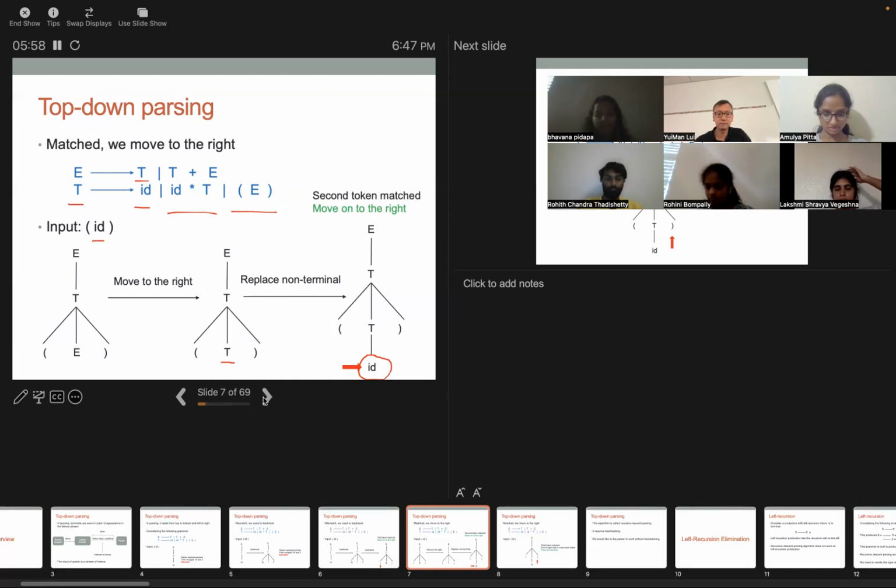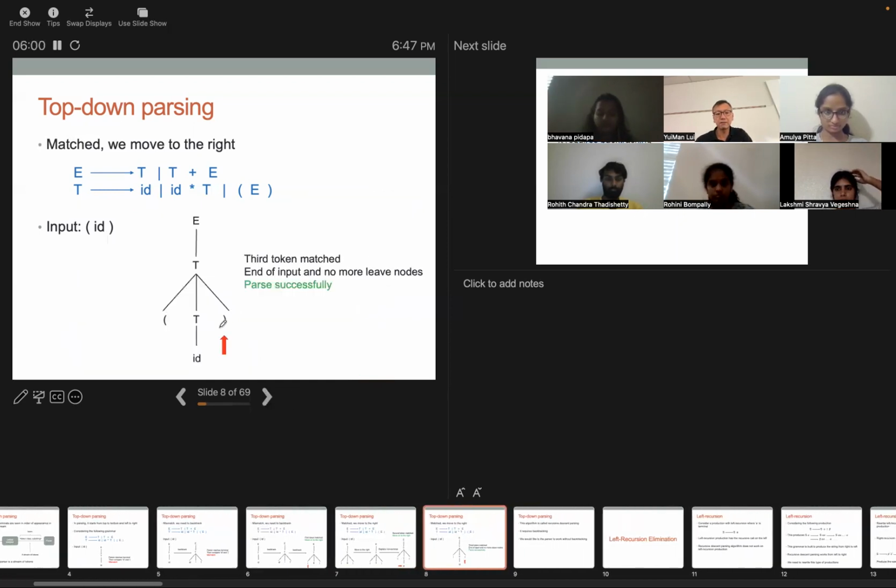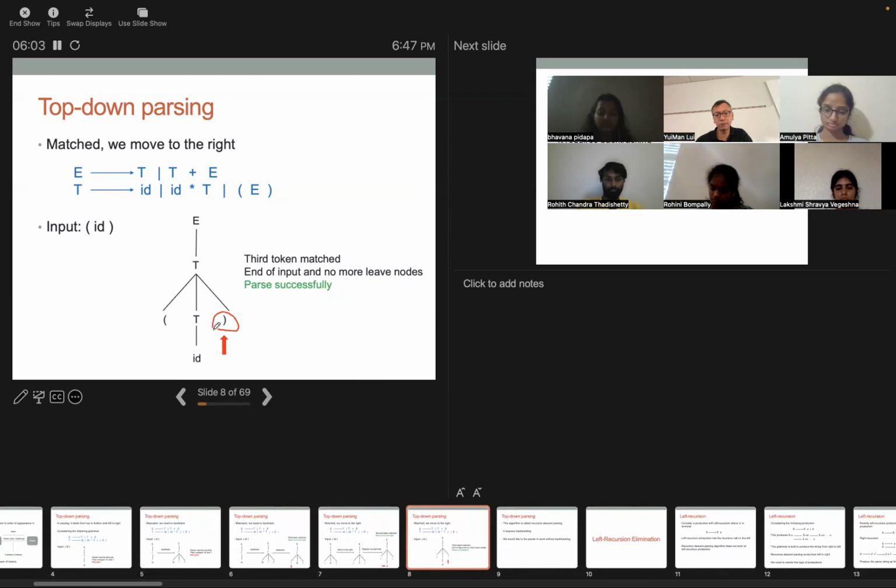Then we move to the last one, which is also a terminal, and we match it with the next character. It's also a right parenthesis, so this time it matches. There is nothing more left in my grammar, and the input has ended.